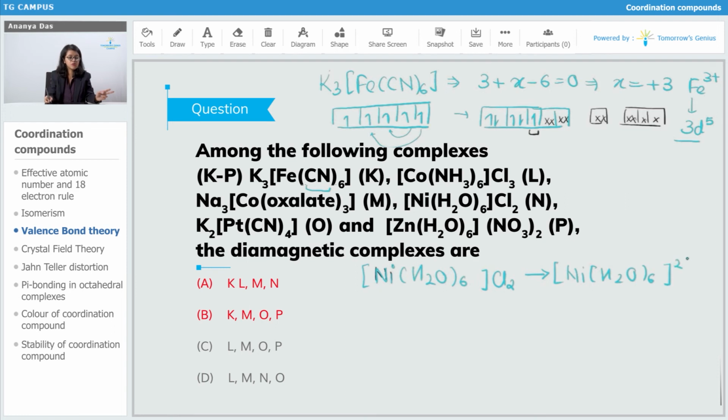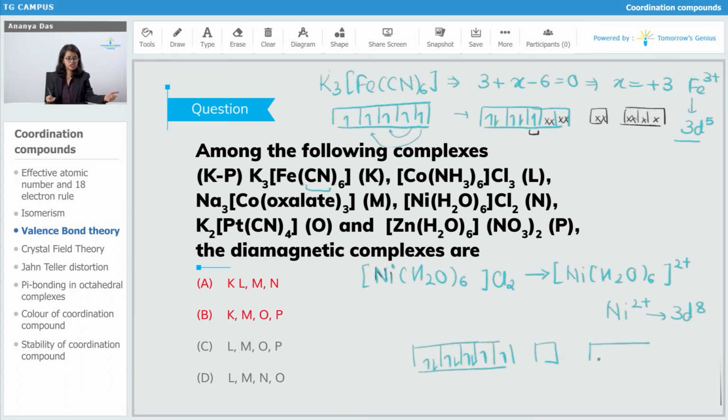And if the coordination complex has a charge of 2 positive, that means Ni is also present as a 2 positive ion because H2O is a neutral ligand. So the electrons in the case of Ni are 3d8: 6, 7 and 8.